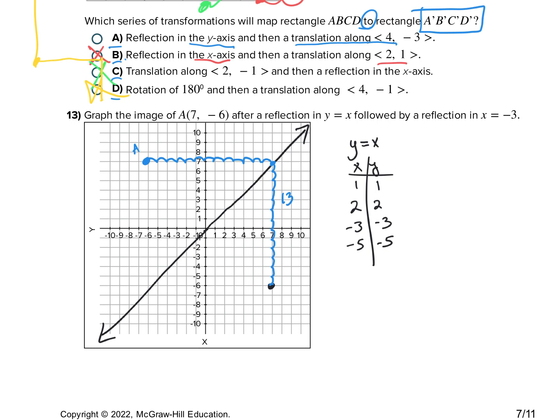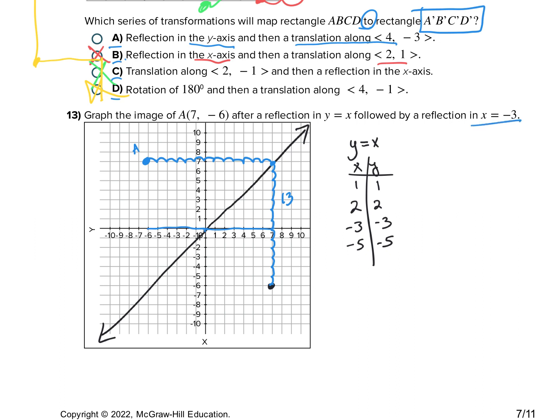Now, this is at 7, so that's 7. I'm just double checking by counting along the axis. There's 7 units from that to the y-axis, then another 6 does bring me to 13. So I'm just double checking I counted correctly. And again, you could have counted left first and then up. It truly doesn't matter. You will still end up in the same spot.